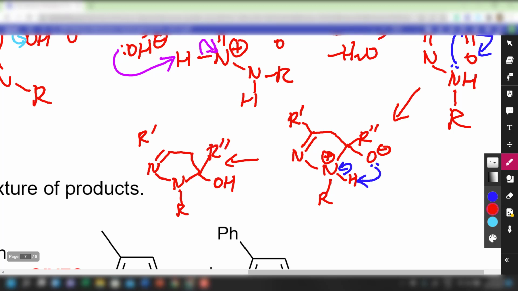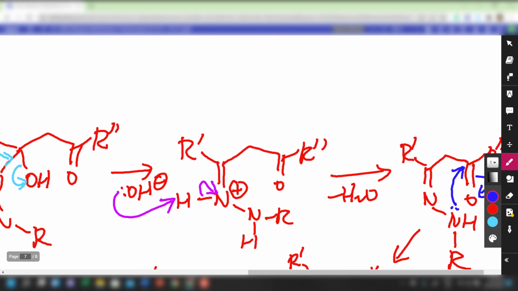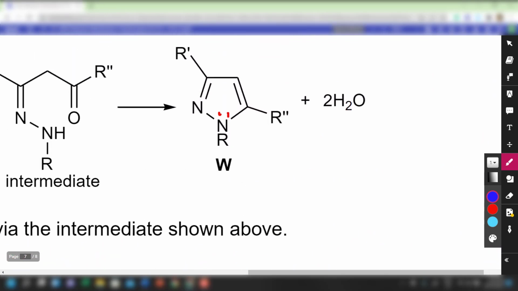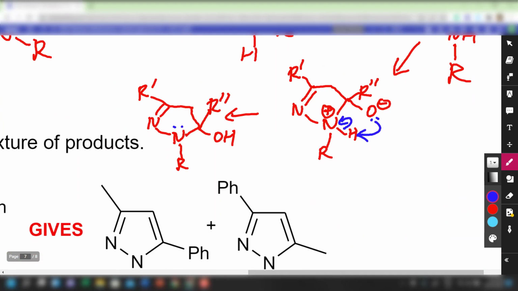So we're going to do the same thing. I'm going to form the pi bond, because remember that we need to form another C=C double bond, but at the same time the lone pair of electrons on this particular nitrogen needs to be regenerated. So first I'm going to form the pi bond and kick out the OH minus, which we have done earlier on.